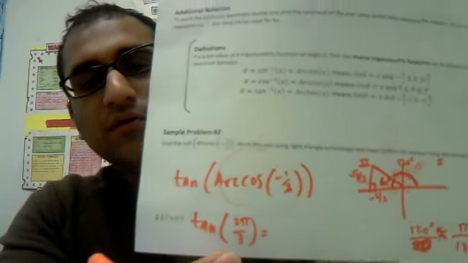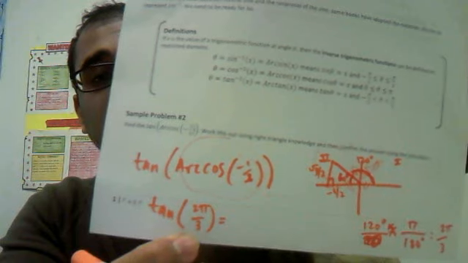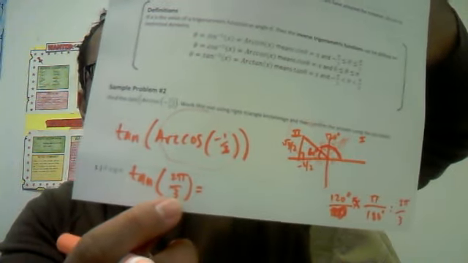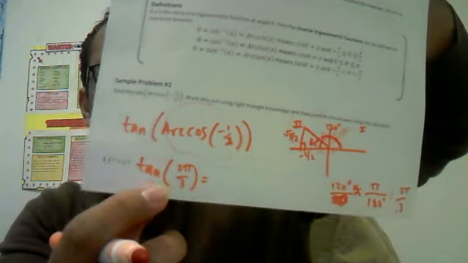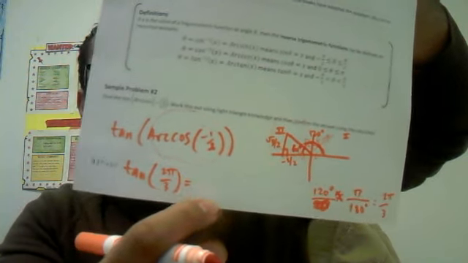So now, do we know how to solve for the tangent of 2 pi over 3? Heck yeah, we do. So in order to solve for the tangent of 2 pi over 3, all we're going to do is say the tangent of 2 pi over 3 is equal to the sine of 2 pi over 3 divided by the cosine of 2 pi over 3.